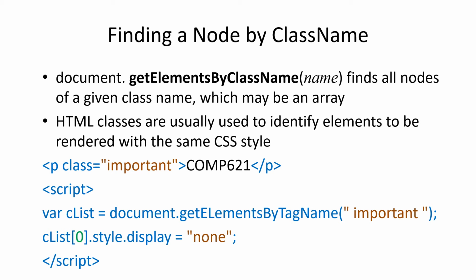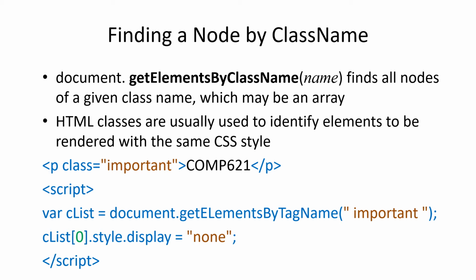So in this example, the paragraph has the class important. And then later on in the JavaScript, we will look for the elements with document.getElementsByClassName, passing it the parameter important, and we'll get a list, if there are multiple ones, of the elements that have the class important. And then the next line, we change the style of that element.